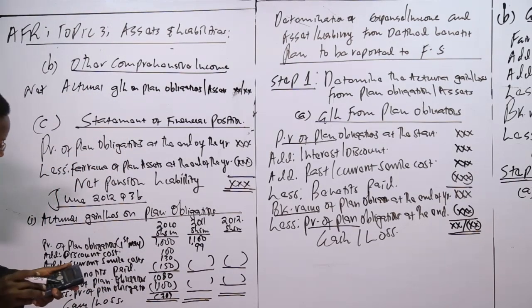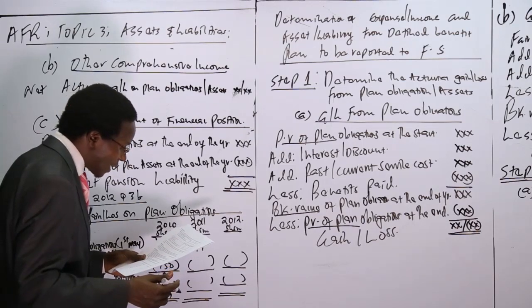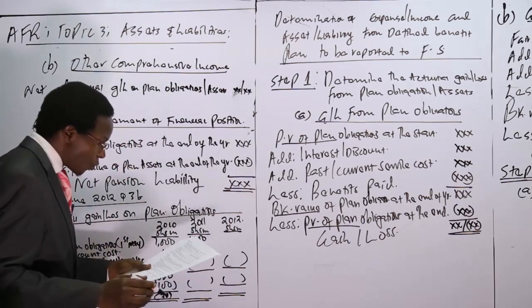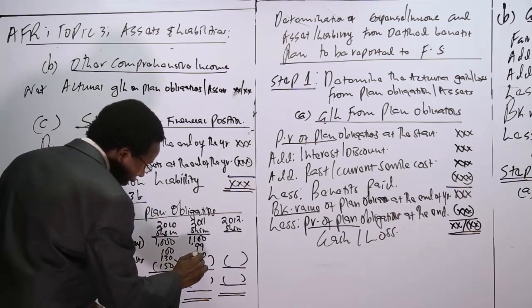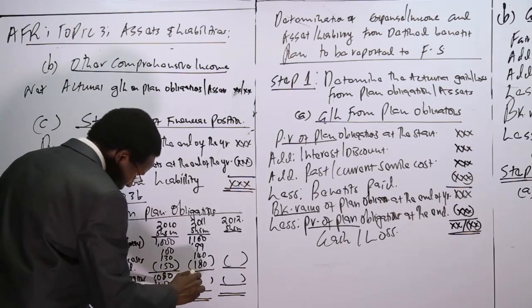Then we also have the current service costs. The current service cost for 2011 is 140. Then we have the payments made, 180. Then we have the present value as 1380.